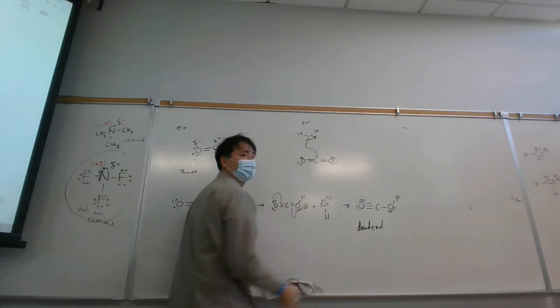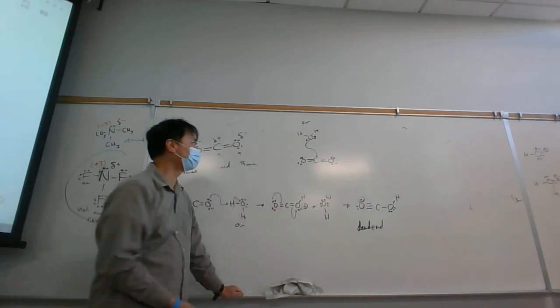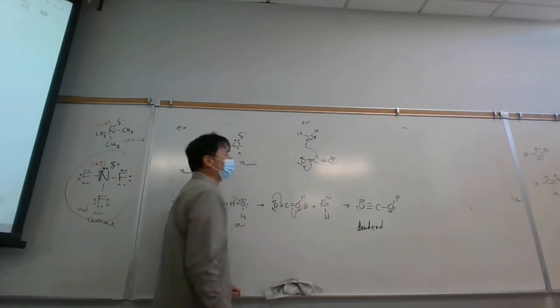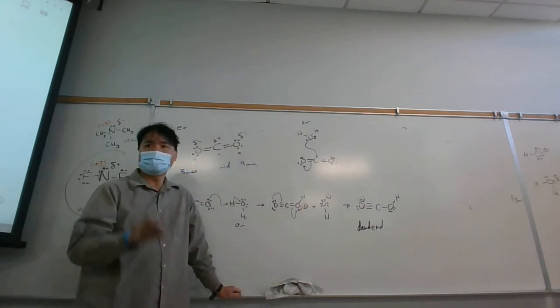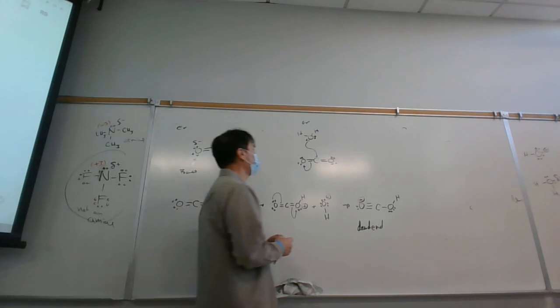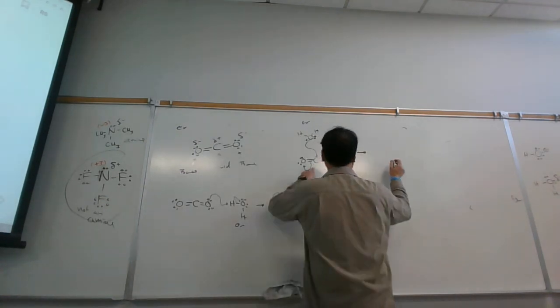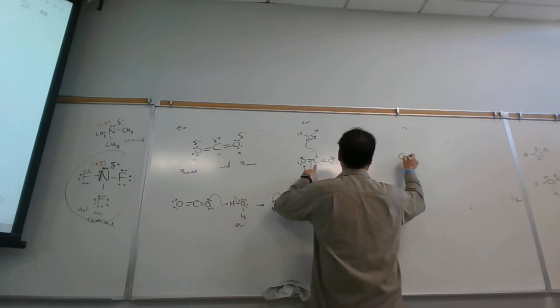Then I have 5 bonds. I can't have 5 bonds. But if I kick out one of these pi bonds, then I can drop that down to 4 bonds. And so what does that form? Okay, that's going to result in a structure that's going to look like this.